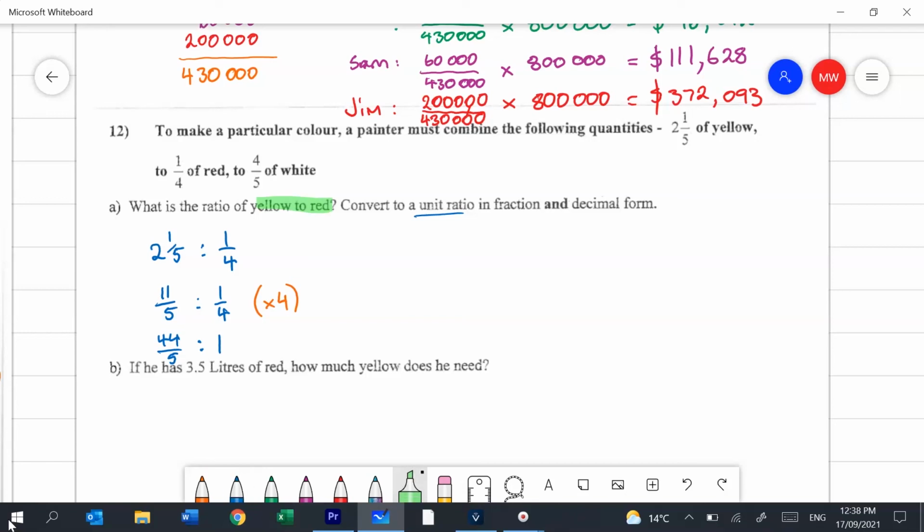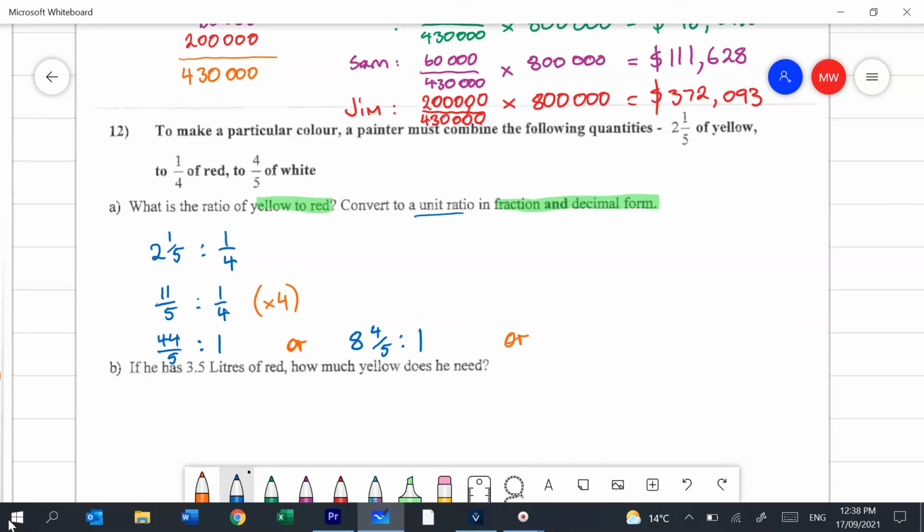There's a couple of ways of writing this. It tells me that I have to answer it in fraction and decimal form. So that's a fraction form there. But the other thing is we could express it as 8 4/5 to 1. That would be fine. And then if we want to write that as a decimal, we can do that as well.